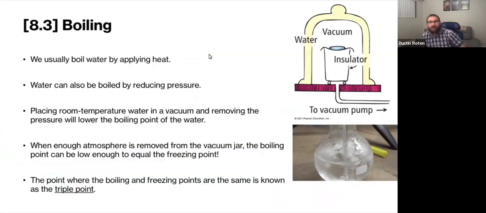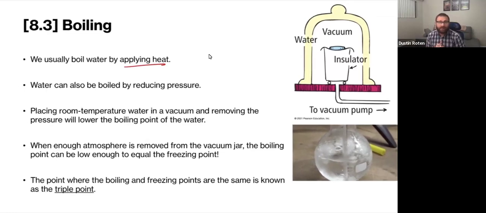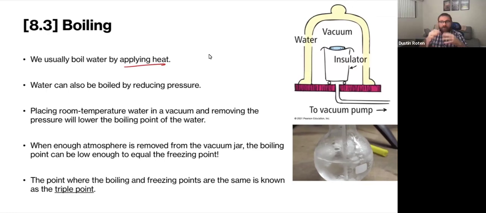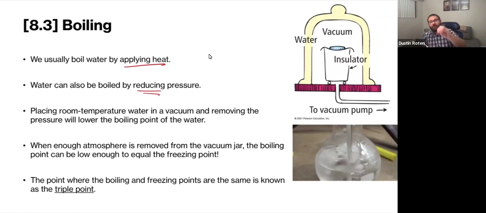And in typical fashion, we usually boil water by applying heat. But if we want to do something crazy, something else we can do is we can actually boil water by reducing the pressure that it's in. Now, remember, we just talked about increasing pressure makes it harder to boil.